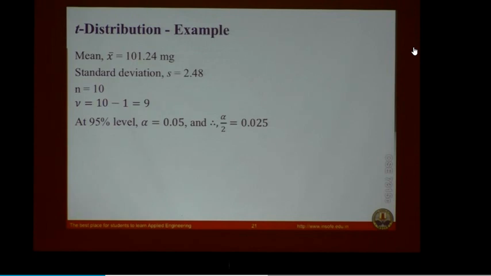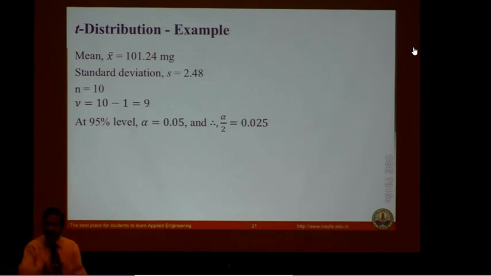So x bar, 101.24, plus minus, I don't know the t, so t times 2.48 divided by square root of 10. That's it. All I need is my t. The table will give me t. What does the table need for me to give the t? Degrees of freedom and the alpha value. That's the only thing that is available.